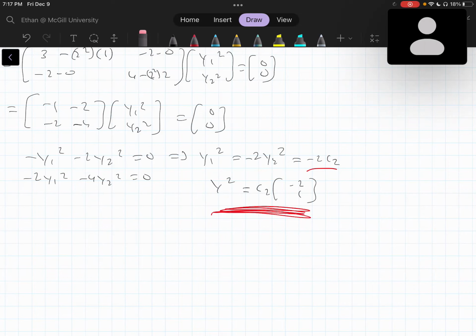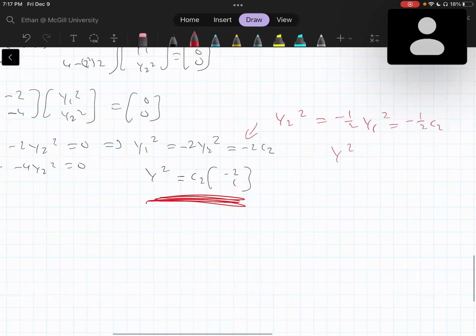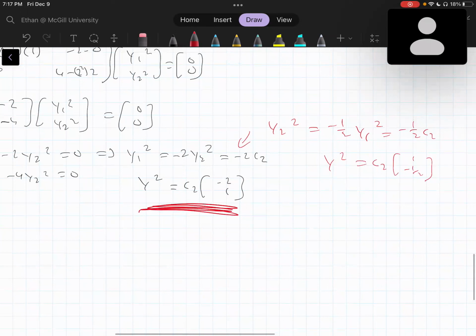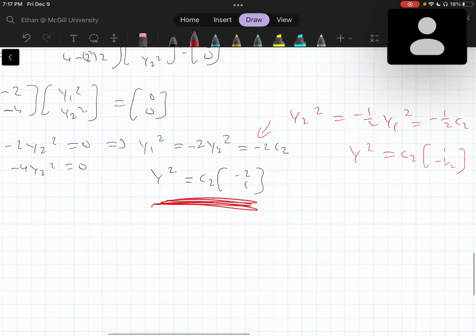Alternatively, you could say at this step that y2 is equal to negative half y1 to the power 2, and that's equal to negative half C2. Then you can write your solution vector as follows, and this would yield the exact same answer. That's completely fine. Either works as a correct solution.